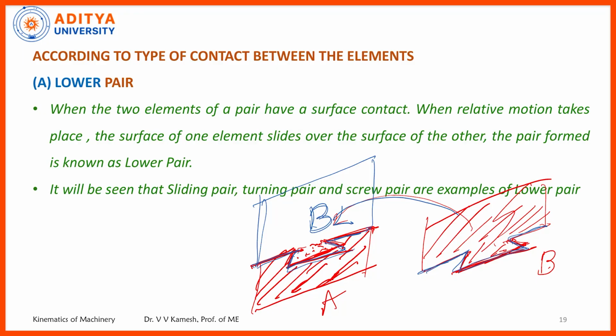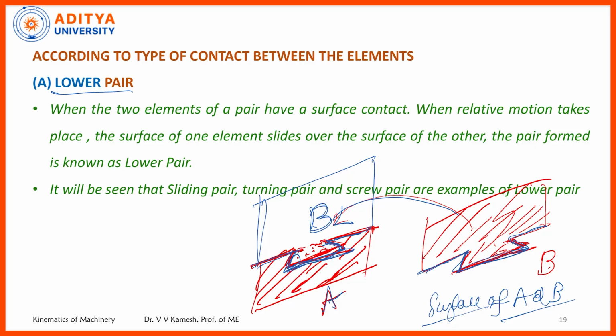This is A, and I put my left hand and move over this. Then there will be interlocking between the surface of A in this area and the surface of B in the lower area. Now who is in contact with each other? The surface of A and B. That's why it is called a lower pair.